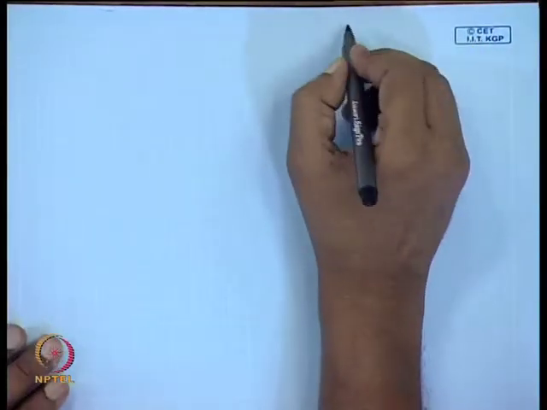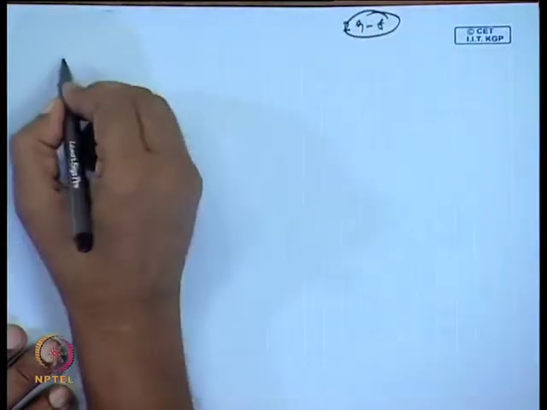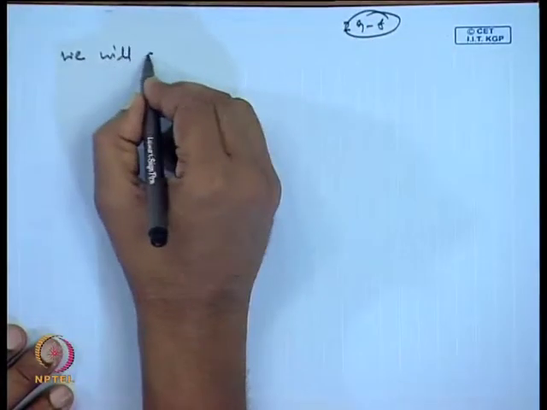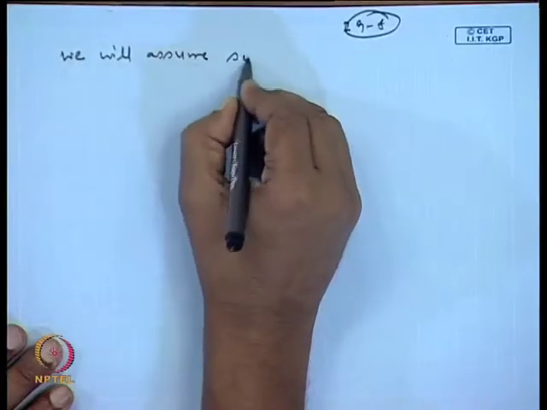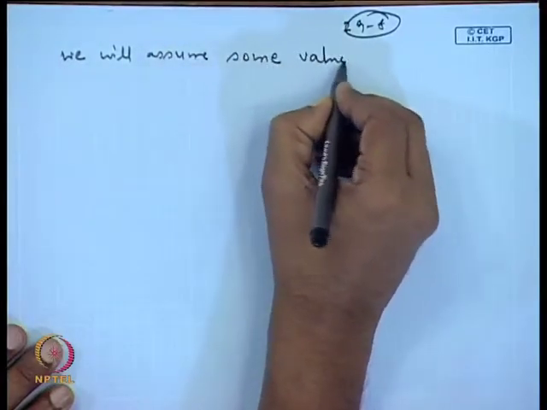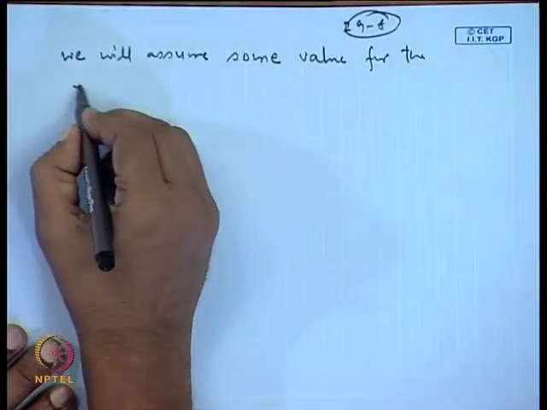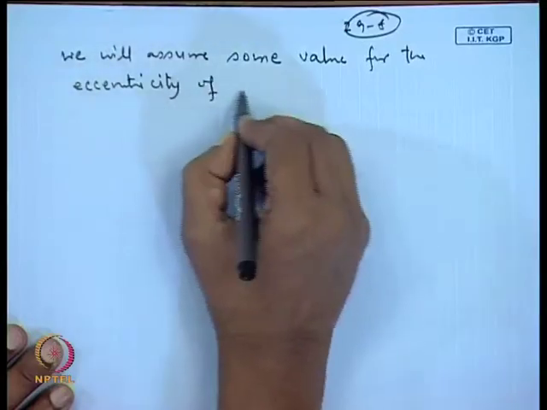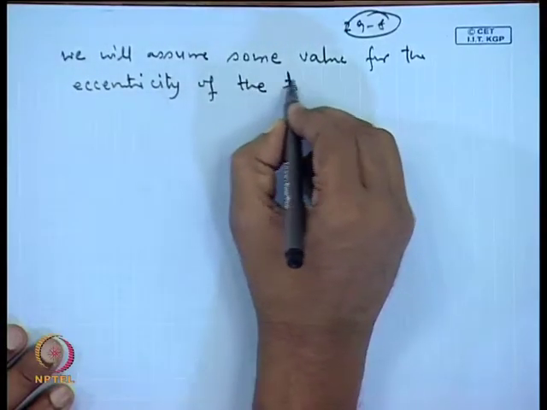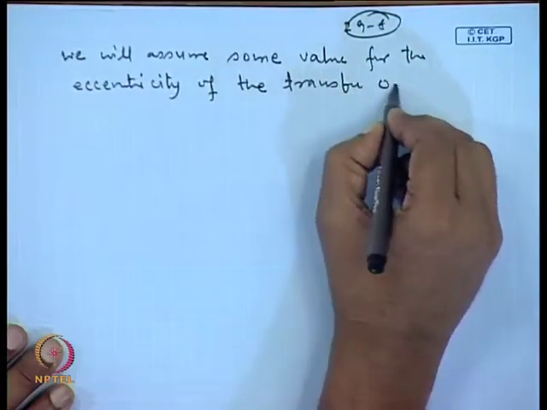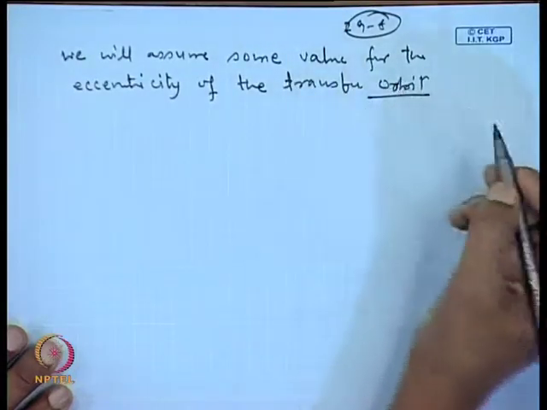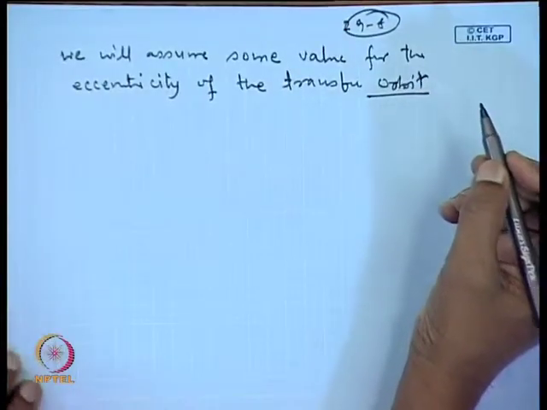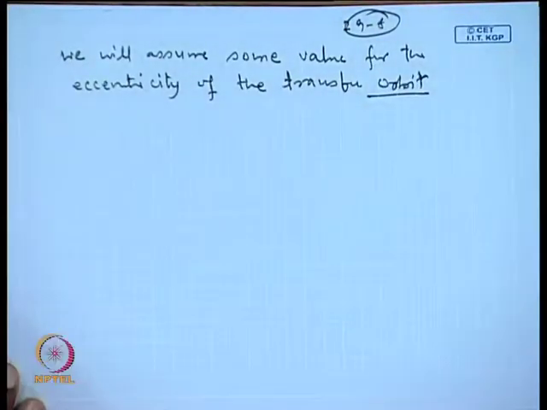So, what we do here is we assume the eccentricity of the transfer orbit, and then this case needs to be solved iteratively, because you are not going to get the solution in one shot.